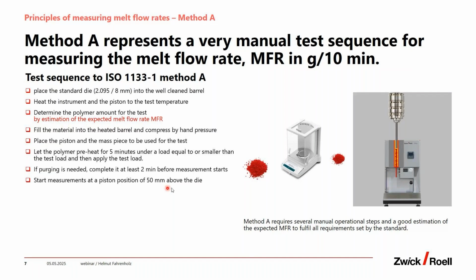So during this preheat phase, normally the piston will slowly go down, and the first condition is you have to wait 5 minutes, and then you start the test when the piston is 50 millimeters above the die.